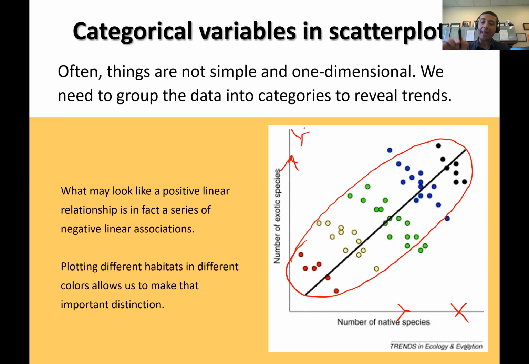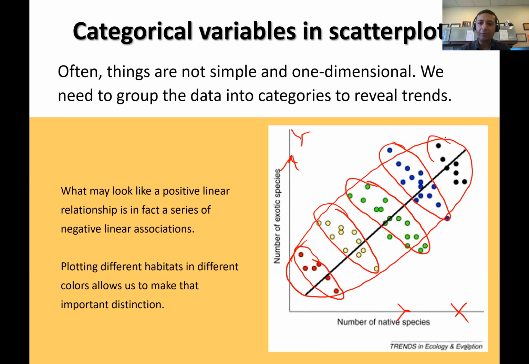But if you aggregate the data properly and look into the bands of data, and let's say these are 5 different bands or clusters based off of some categorical importance or significance, if you look into each of those categories, now the direction of association is completely changed. As you can see, the direction of association is going in a negative direction. As you move this direction, your number of exotic species continues decreasing.